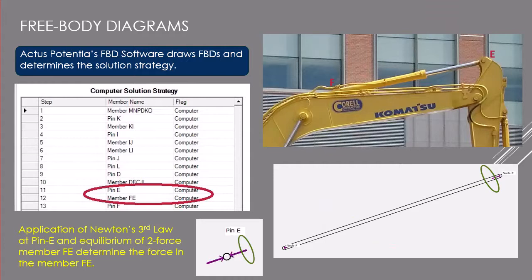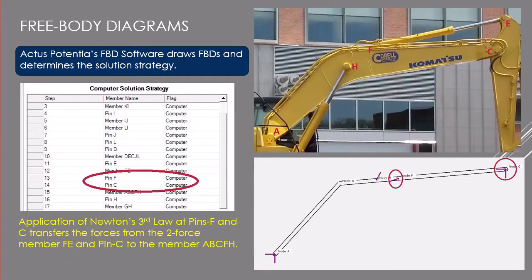So now we know the force at E, and so we can calculate the force at F, and that will be the force on the hydraulic cylinder. Then we go to the member AHFC.